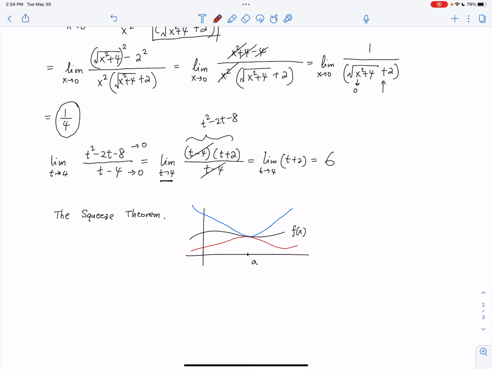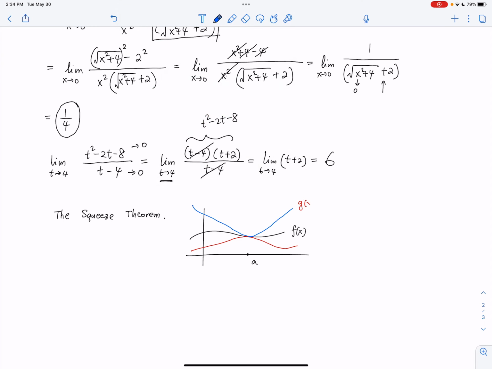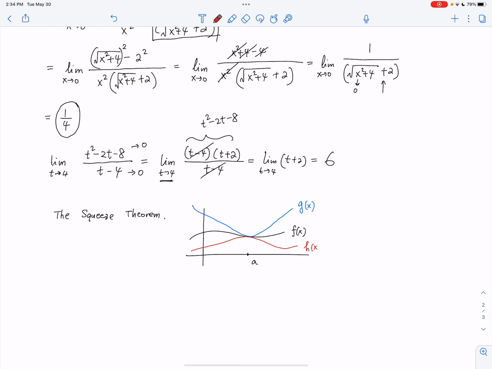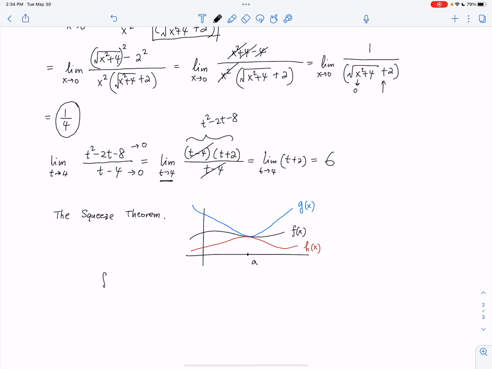So I can call that g(x), oops, let me use a blue one. So that is g(x), and the red one I call that function h(x), right? So your function here, which is f(x), is sandwiched by g(x) and h(x), right? It's always in between.